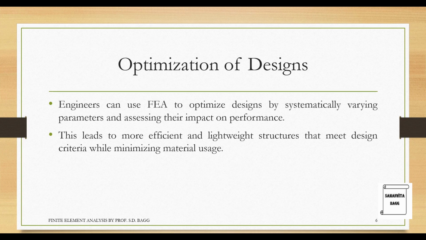Say what material you are going to use that is going to give you better strength. You will also check the weight of the product that you have created. So, in the process, you are going to make products which are more efficient and lightweight. That will help you design better, and it is also going to reduce the material that you are using because you are making lightweight structures.